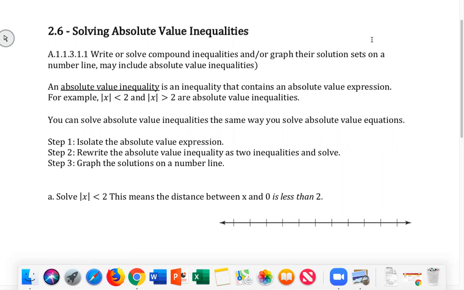And that's actually true with absolute values as well. Okay? So absolute value inequalities are either going to be an and inequality or an or inequality, and it's all dependent on this symbol.